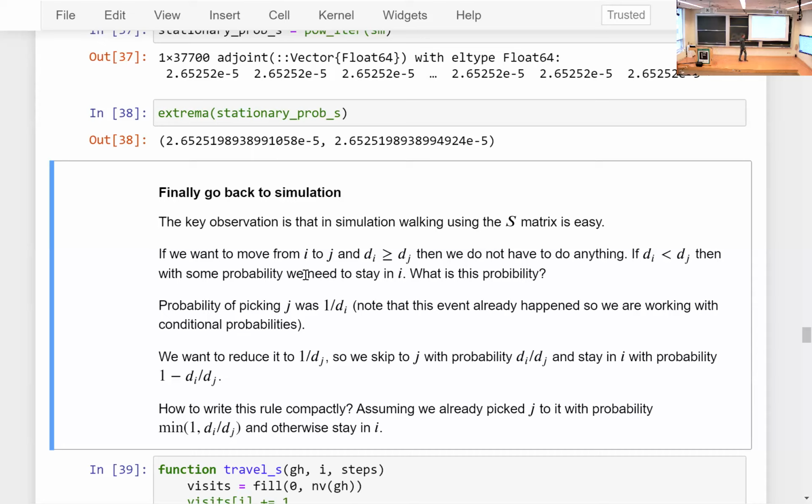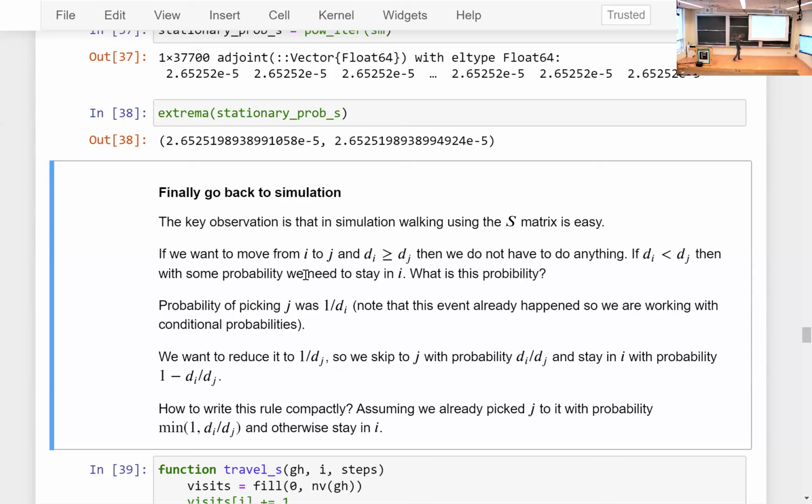But if I want to move from a node that has a lower degree to a node that has a higher degree, well, I am reluctant to do it. And it makes sense from what we did initially. Why? Because we saw that with the normal walk, we visit heavy nodes too often. So when I'm in a light node and someone tells me go to a heavy node, I say no. With some probability, I want to stay.